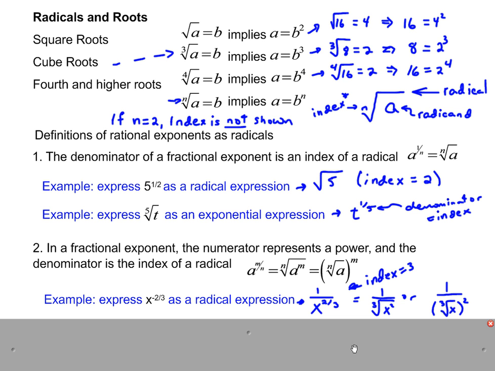Okay? Both would be acceptable and express exactly the same thing.